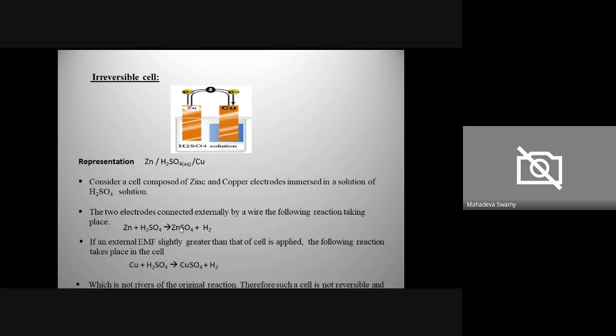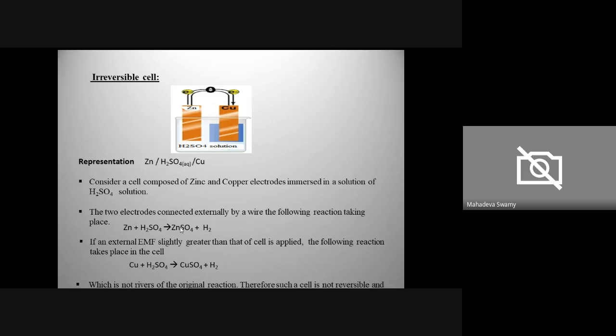This is the actual reaction. If you apply a slight excess of EMF to the cell, what happens? If it is a reversible cell, then ZnSO4 plus H2 would reverse again to Zn and H2SO4, but it is not possible in this cell. That's why we call this an irreversible cell.